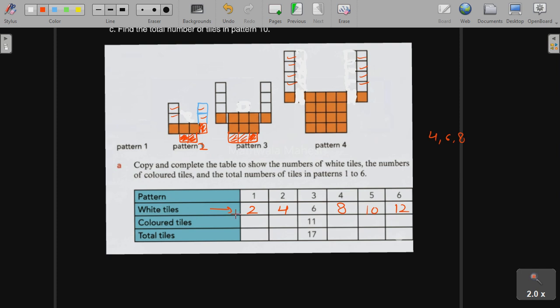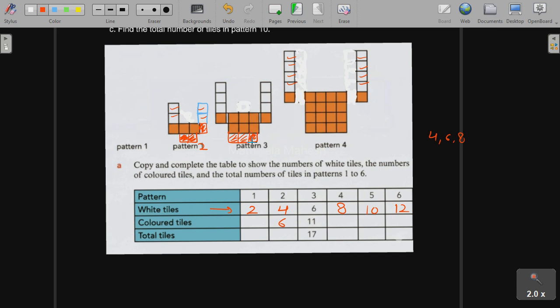So the pattern 1 for this one is 2. Now how many colored tiles in pattern 2? There are 3 and 3, 6.